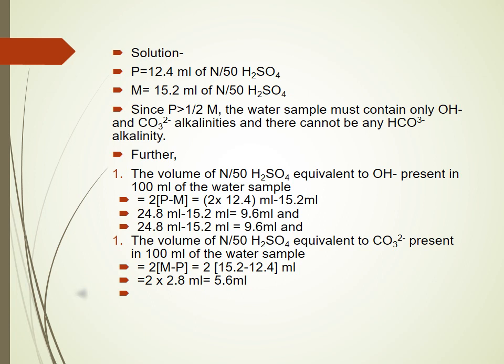Now similarly, the formula is given, that is 2M minus P, in order to determine the volume of the N/50 H2SO4 equivalent to the CO3²⁻ ion present in the 100 ml of the water sample, and that's why the answer is 5.6 ml.